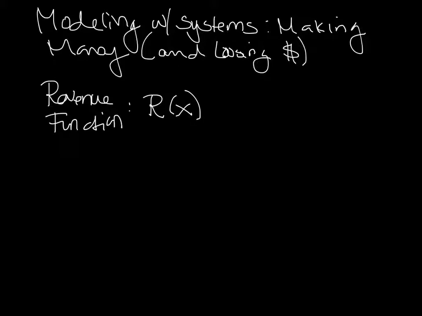So this is R of x, and the revenue is basically the price per unit sold times the units of the product, how many units of the product, which I'll just call x.